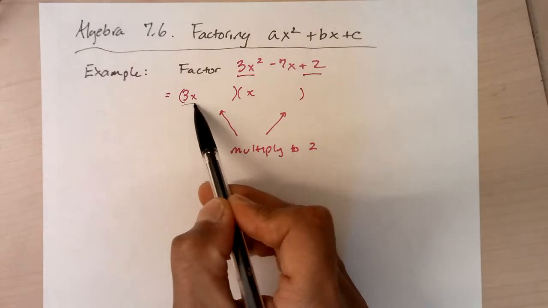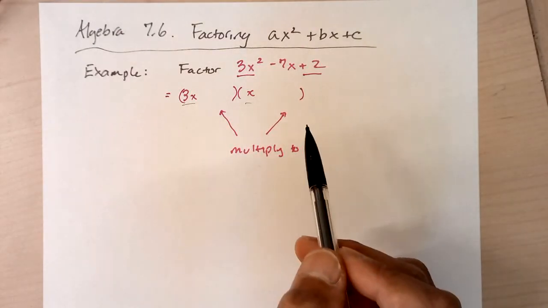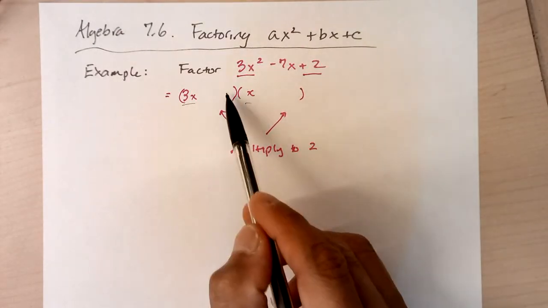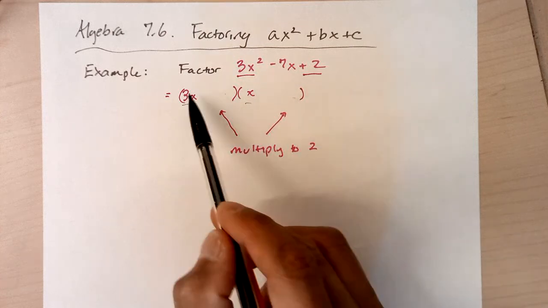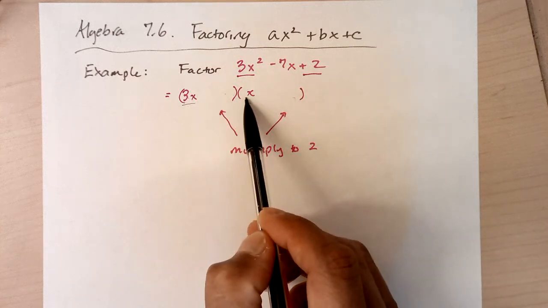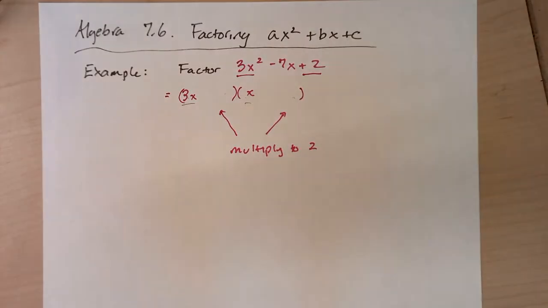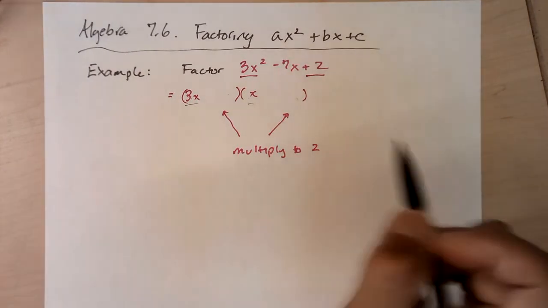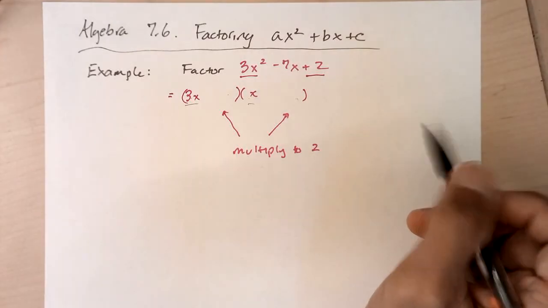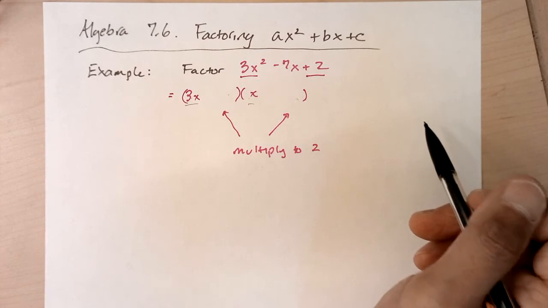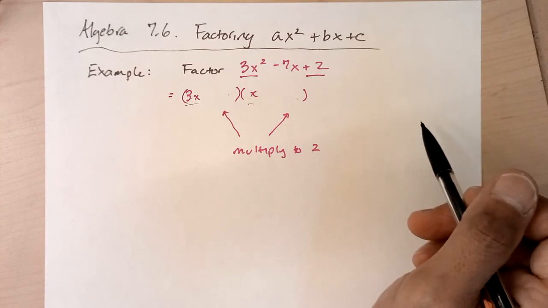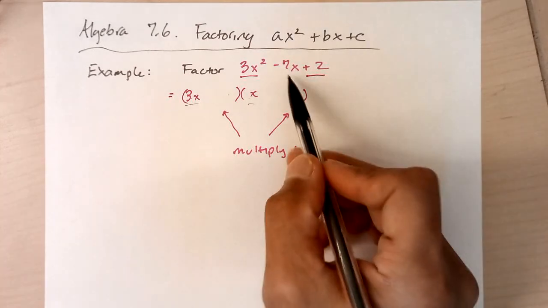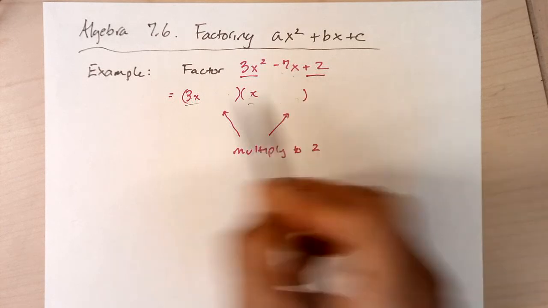But I have the 3x and x here. So when I FOIL things out, when I multiply the factors of 2 by 3 and 1, that's when they should add to negative 7. So I'm going to need to test certain numbers, and when I test them, I'm going to use outside and inside of FOIL to see if they add to negative 7x.